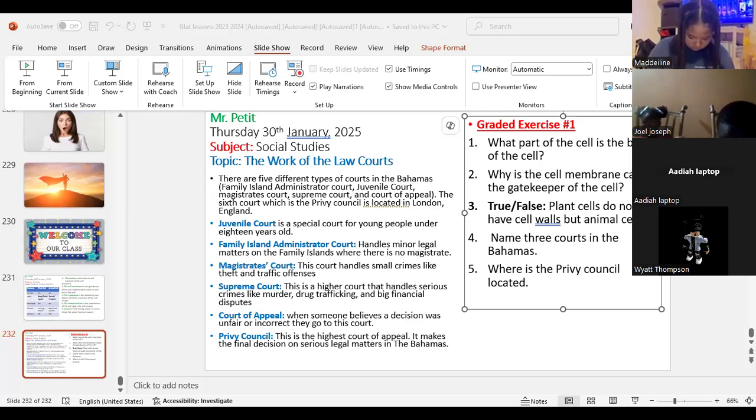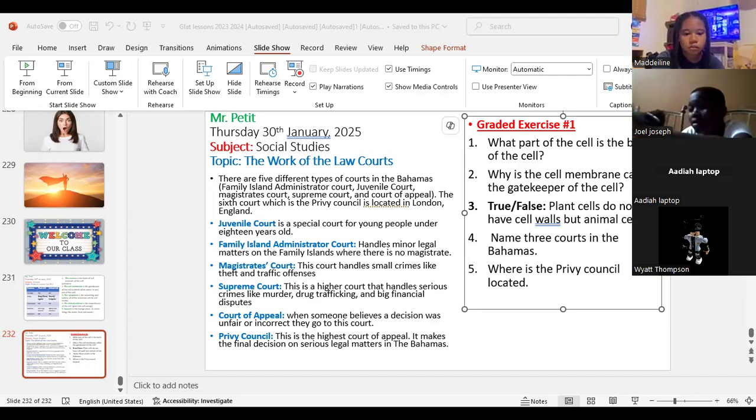Mr. Petit, they said that he left. Yeah, I see that too. Mr. Petit, who is under Roscoe? Under Roscoe Strong. The first one. I say Roscoe joined as guest. Roscoe left. Oh, you mean the top one. I don't know who that is.